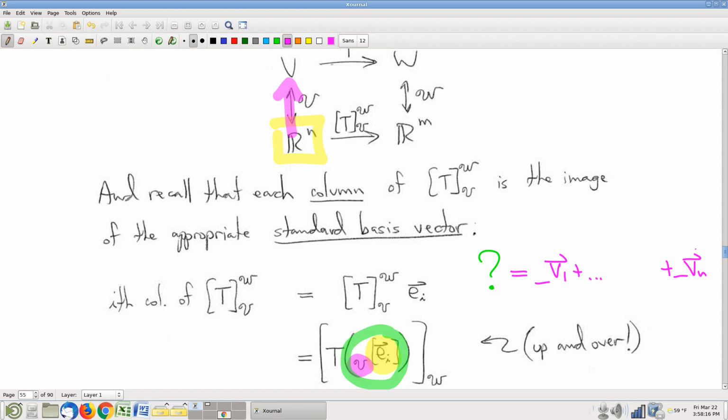So the linear combination I'm taking here is a bunch of zeros, but then there's an extra term. There's one single term in here, the ith term, where my coordinate is 1.